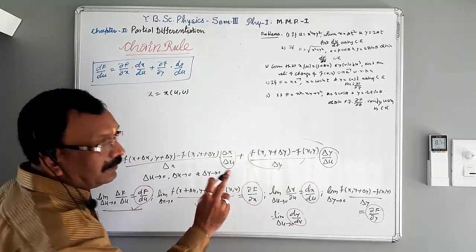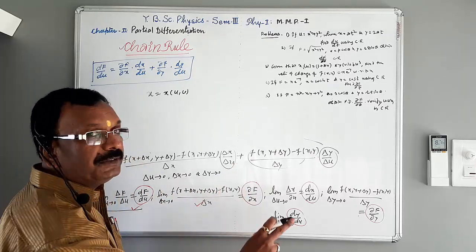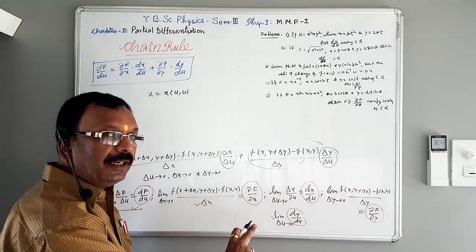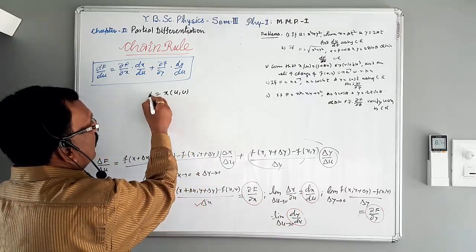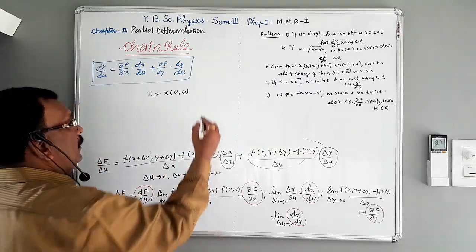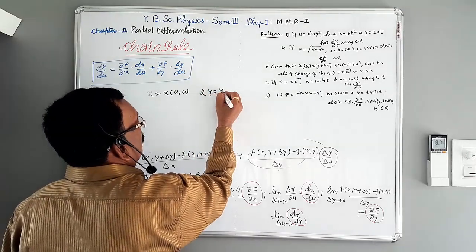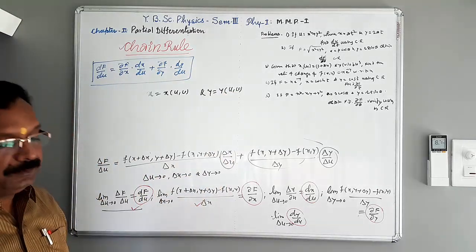In this case there is only one variable, u. x depends on u only, and y is another variable that depends on u only. But instead of a single variable, if there are two variables u and v, and y is equal to y of u and v.